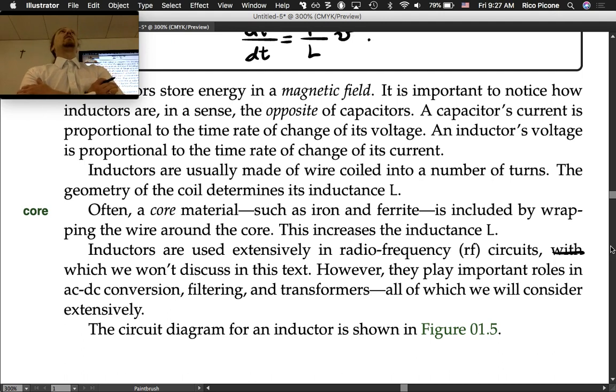What we're talking about isn't untrue of RF circuits, but RF circuits have some complicated things that arise because of the wavelengths of the high frequency signals, and so the connectors and the lengths of the wires start to matter.